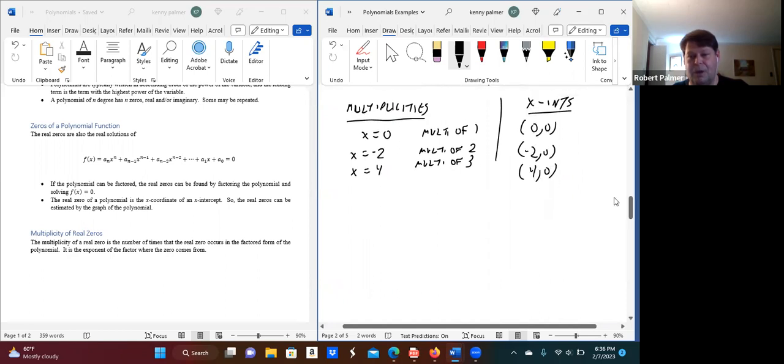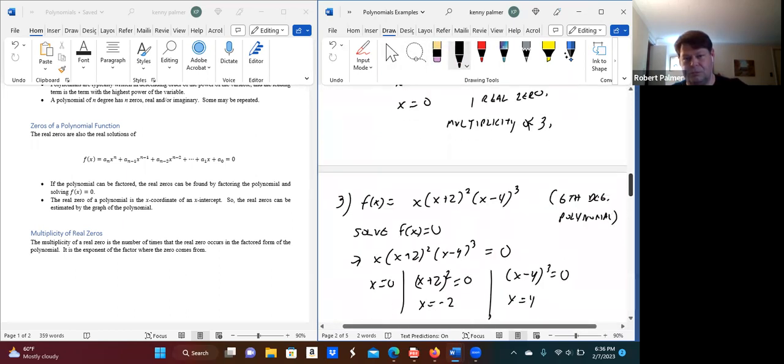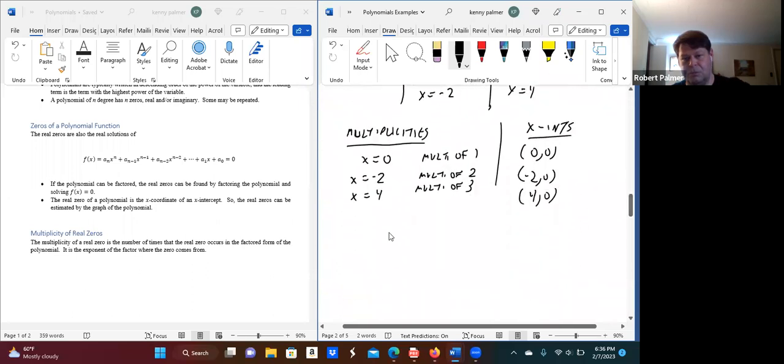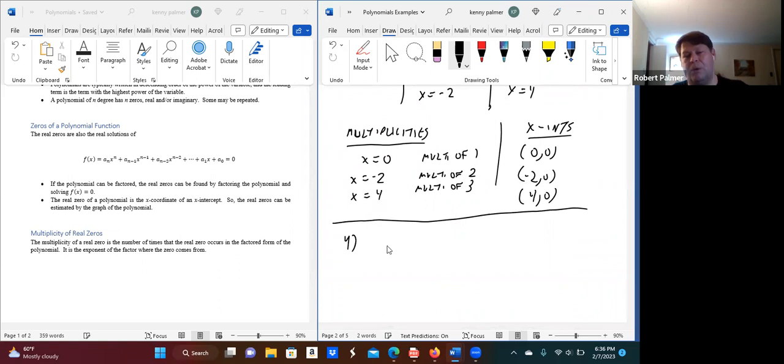All right, let's look at one more. Number 4. Let's say this time we have f of x equals -3 times x plus 1 to the 5th times x minus 7 squared.